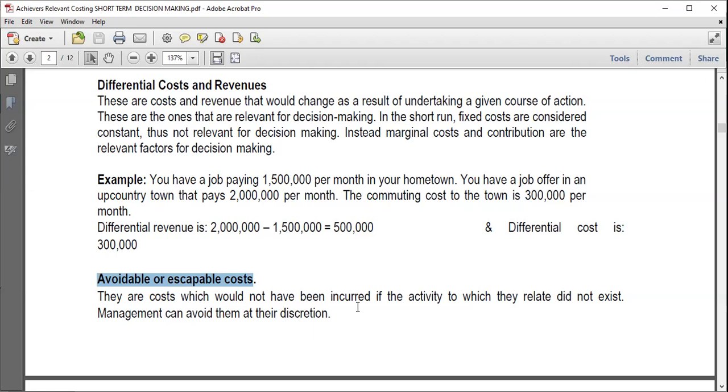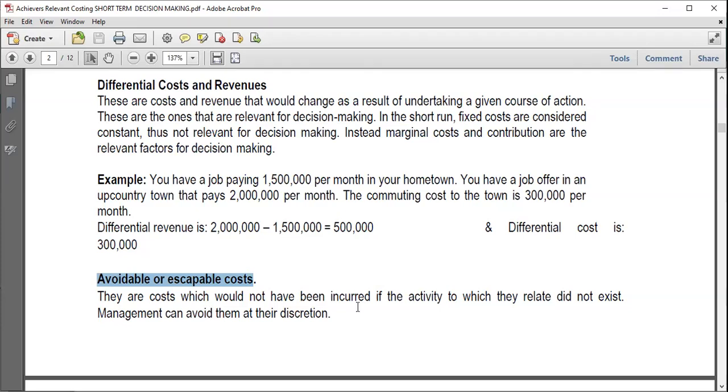Now, if that cost remains and cannot be avoided, whether you make the decision or not, then that is not a relevant cost. Like I gave you examples of a contract where somebody wants you to supply them those cakes.